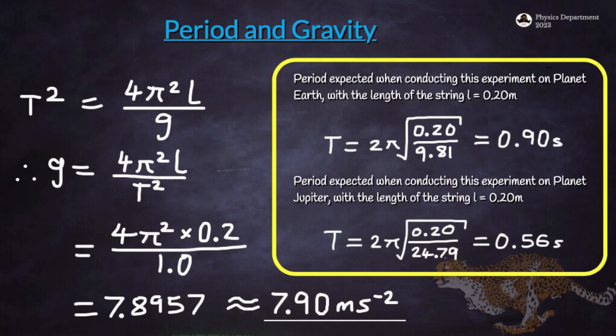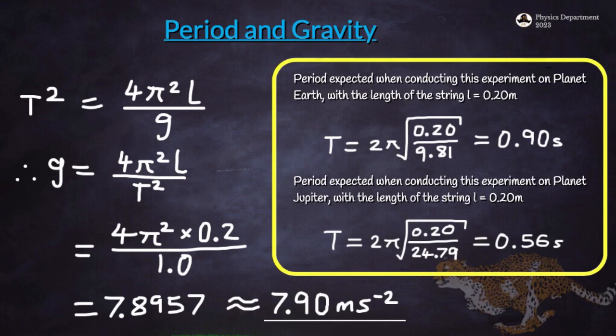So we then see that the greater the acceleration due to gravity, the less time it takes for the pendulum to oscillate. Yes, it's because the gravity has a greater effect in pulling the pendulum down. So it won't be as free as it would be on our planet. Like what we are seeing, it's 9.81 on Earth, and this one, Jupiter's gravity, is probably more than 2 times the acceleration due to gravity on Earth.